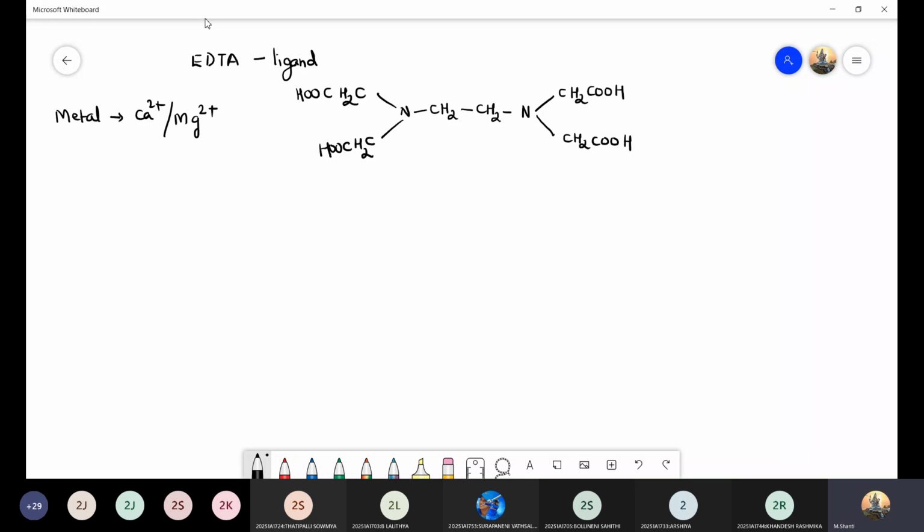Yes, ma'am. Now, how many donor atoms do you find from this EDTA? Ligand is nothing but what? It gives its shared pair of electrons to the central metal ion. So your metal ion is your calcium or magnesium, and the ligand is your EDTA. How many donor atoms are there here?